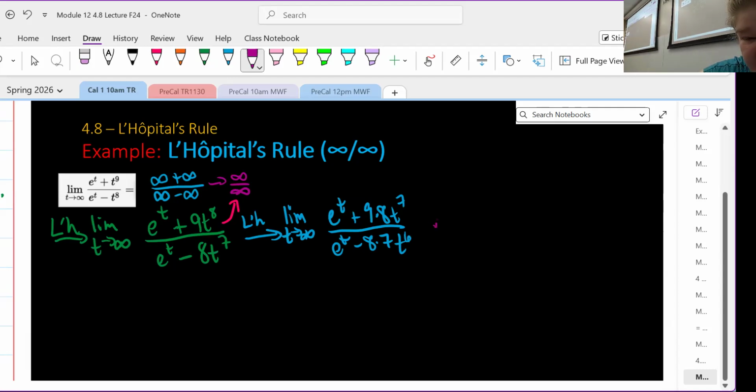So this many, many, many iterations later, we will eventually end up with e to the t over e to the t, which now those are the exact same thing. So we get 1.